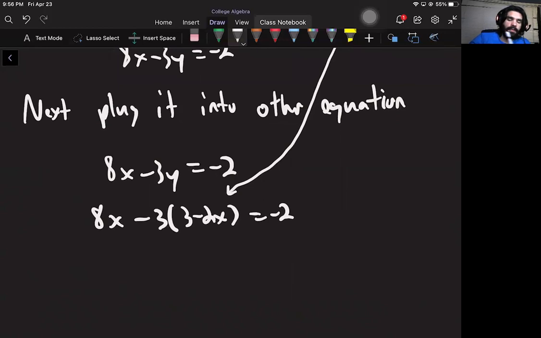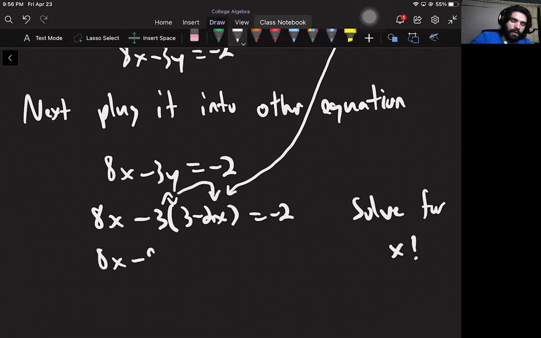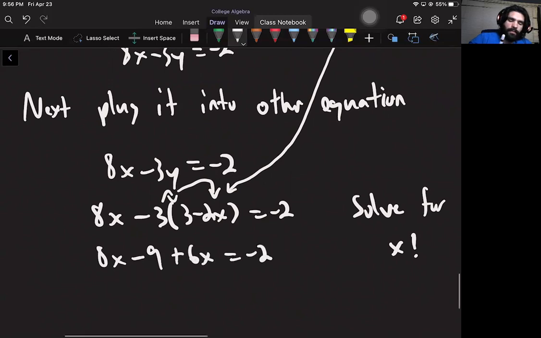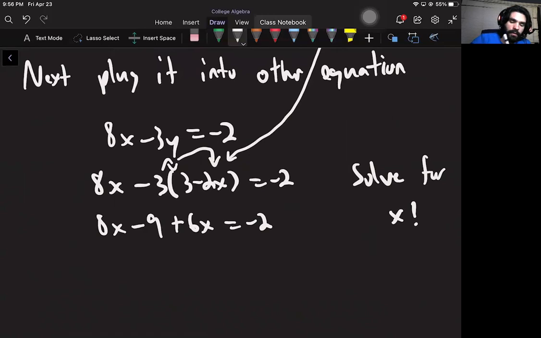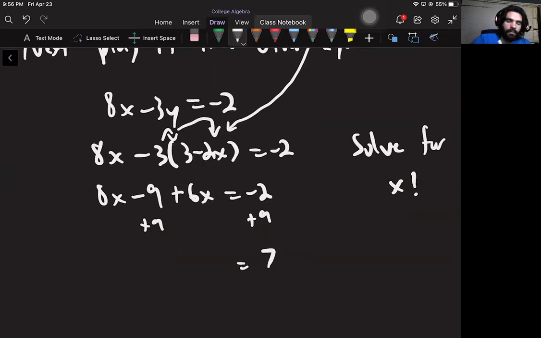And then what happens is that we get an equation that only has x's, so we can solve this for x. Once we simplify, we distribute the -3 through to get 8x minus 9 plus 6x equals -2. If I add 9 to both sides, this will be a 7 over there, and 8x plus 6x is 14x.